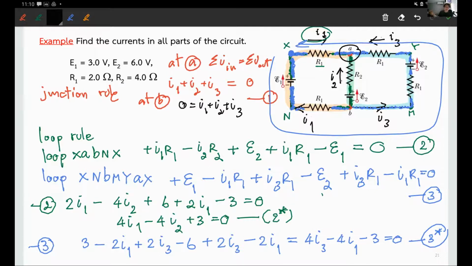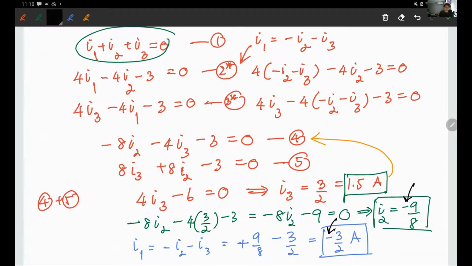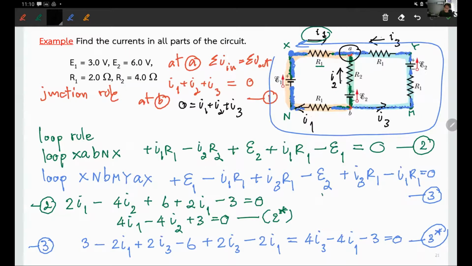All the current can't flow into the junction and disappear, right? Impossible. So that's why it says the I2 is negative. When I say I2 is negative, what does it mean? It means your initial assumption that the current I2 is flowing up is opposite to the final answer. That answers your question as well.